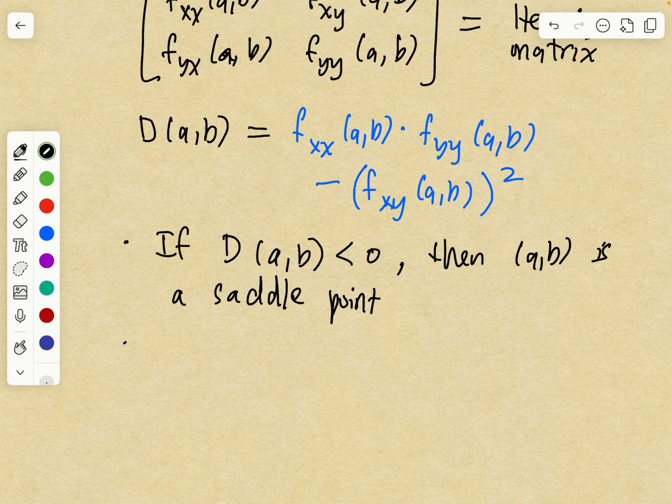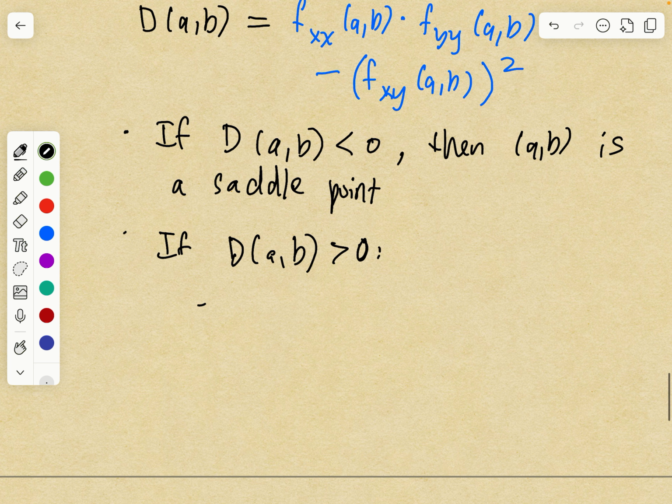So if the determinant is, say, negative 5, then (a, b) is a saddle point. What happens if the determinant is positive? If the determinant is positive, then you have two possibilities.